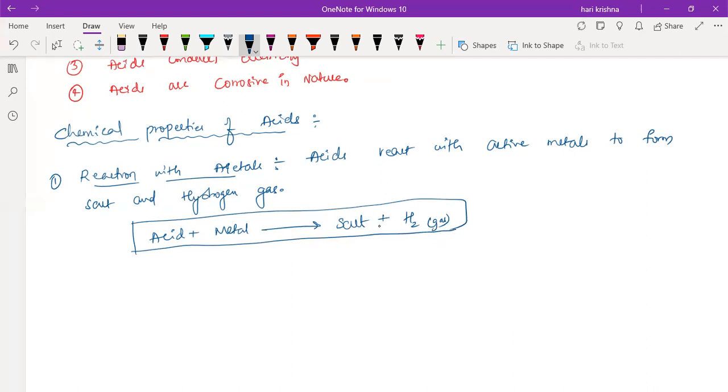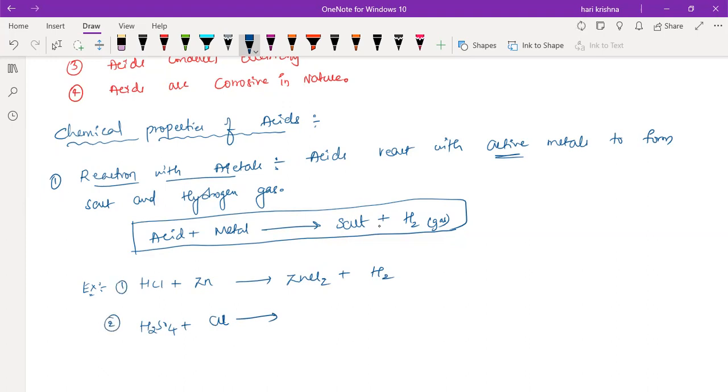Why did I say the term active metals? What is the meaning of that? Is it possible? The second reaction is possible.